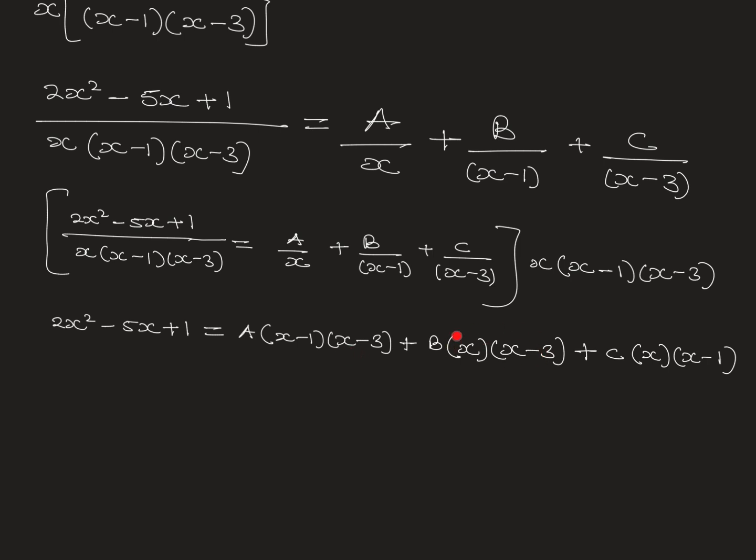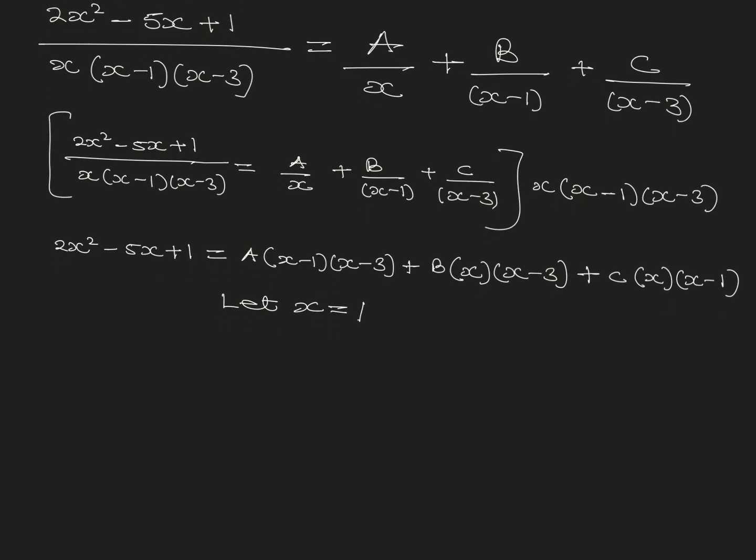We can make this side 0 by considering x to be 0 or x to be positive 3. We can make this side to be 0 by considering x to be 0 or x to be positive 1. So let x be equal to 1. So let's see what we're going to have with that.